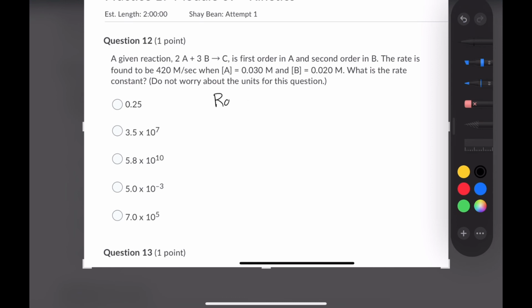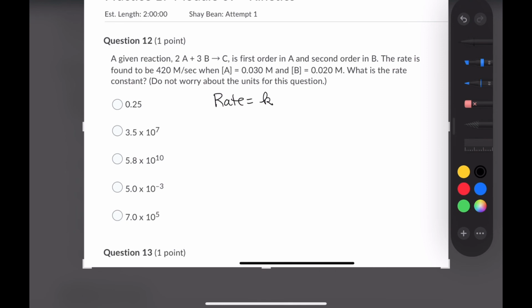Rate is equal to a rate constant K, which is what I'm trying to find, first order with respect to A and second order with respect to B. That's what that first sentence means. I am given a value for the rate. The rate is this, and the concentrations are this. Calculate the rate constant. It's just a matter of plugging this in.